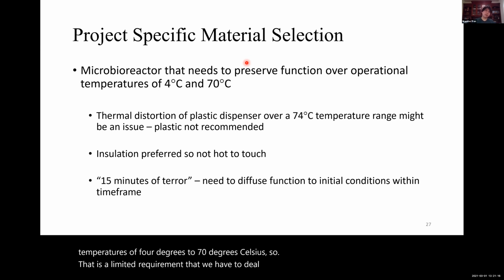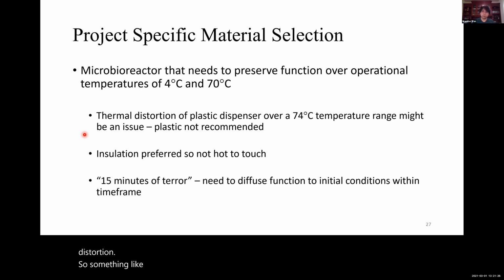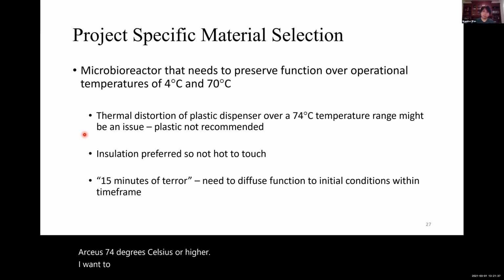One of our customer requirements is to prevent thermal distortion. Plastic basically distorts at around 74 degrees Celsius or higher, and I want to make sure that when I do my operations, my system does not distort.